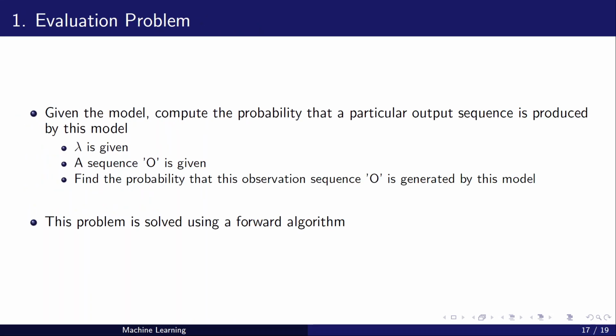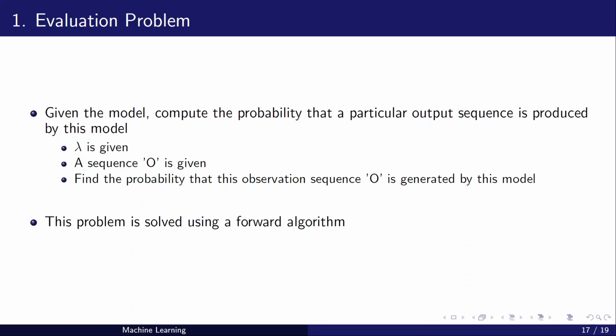In the evaluation problem, given the model, compute the probability that a particular output sequence is produced by this model. You are given a model and an observation sequence. Using this model, you have to identify the probability that this observation sequence can be obtained.